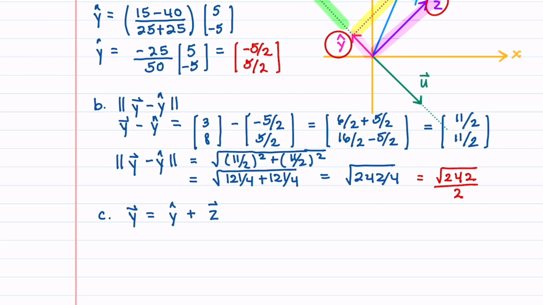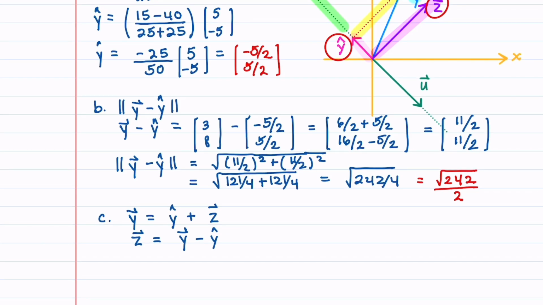The first thing that we're going to have to do is find vector z because we already know y hat. So vector z, we're just going to get by taking y and subtracting y hat. We actually already found vector y minus y hat right there. And that was equal to 11 over 2 and 11 over 2.